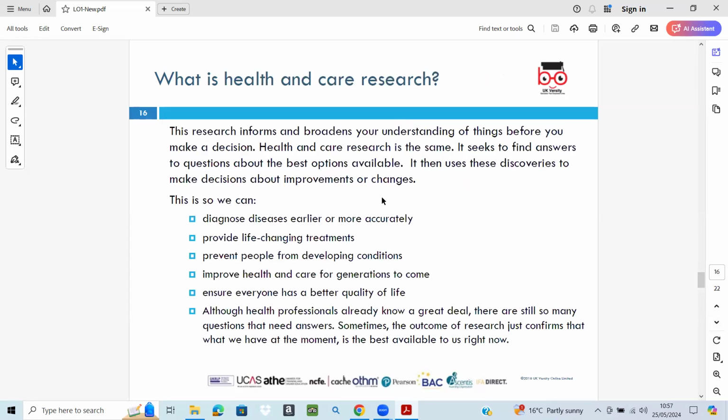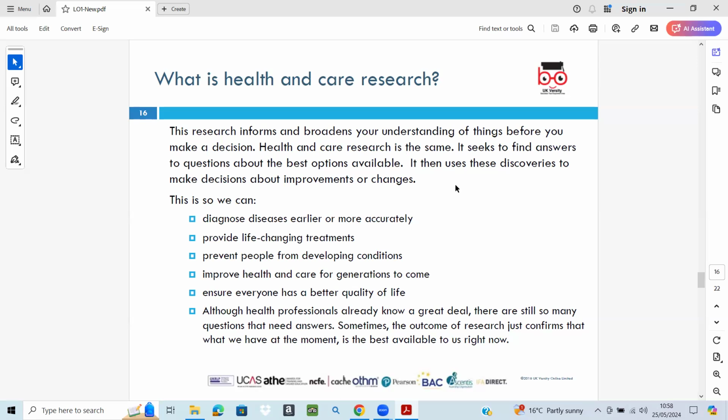Then to the next slide. So what is health and care research? Health and care research is a fundamental endeavor that aims to enhance our understanding of healthcare practices, treatment, policies, and social welfare strategies.